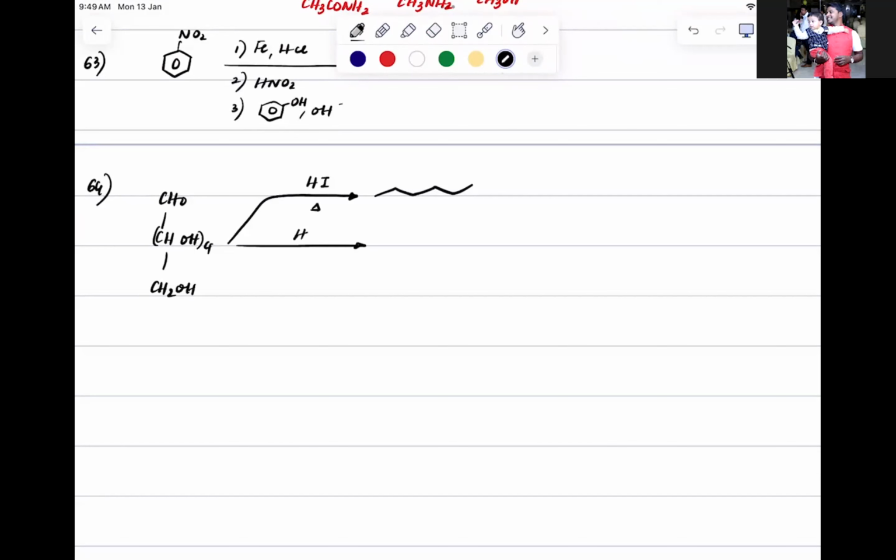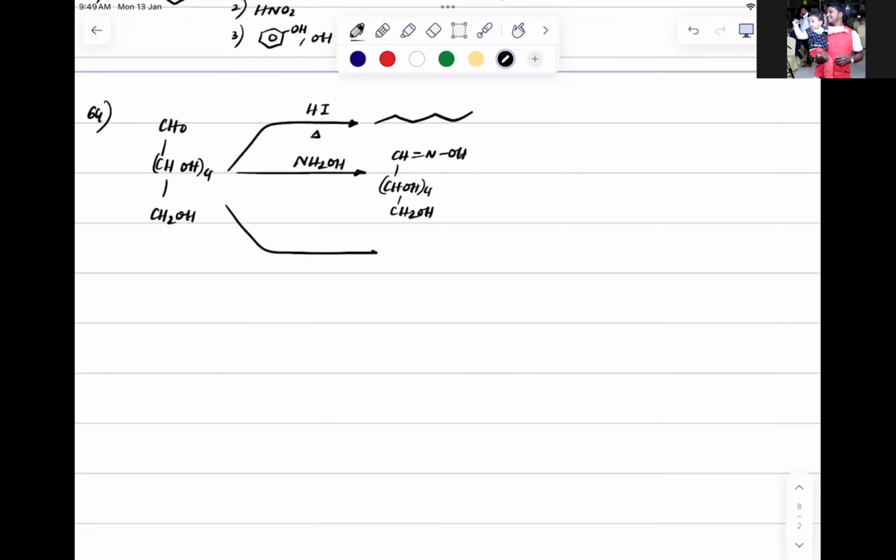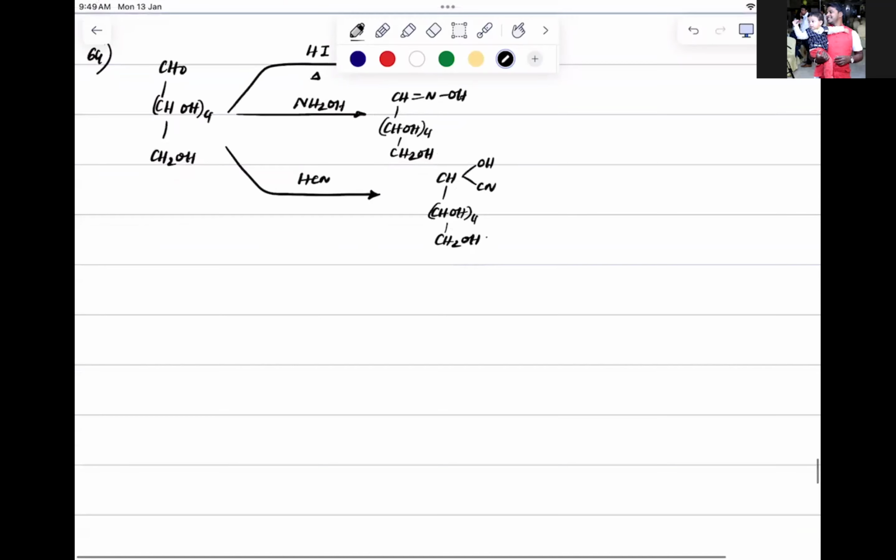If it is given NH2OH, then you will write it as oxime, CH double bond N OH, and the rest of the compound remains the same, so CHOH 4 times and CH2OH. After that, if it is treated with HCN, it is CHOH and cyanide, and here it will continue CHOH 4 times and CH2OH. This is what you will see.